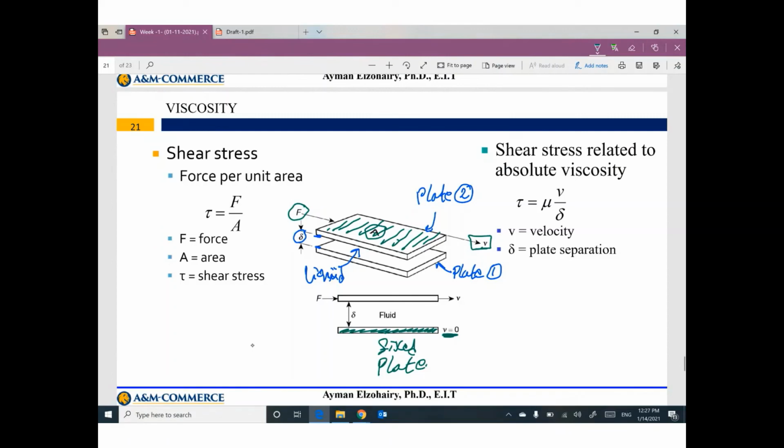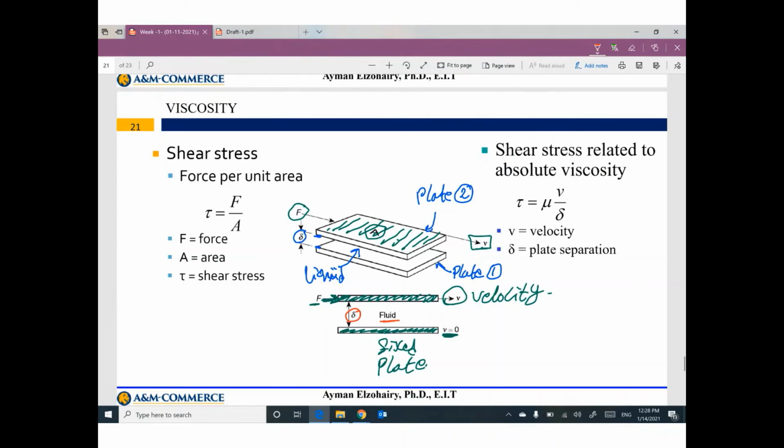And we have another plate that is moved under the effect of a force F, and this plate is moved with velocity V. The distance between the two plates is delta, and we have a liquid or fluid in between.